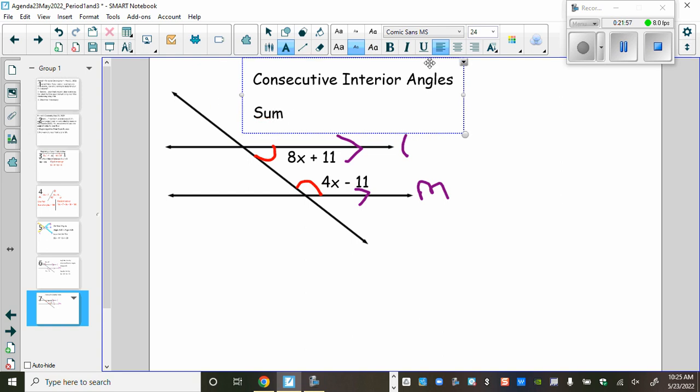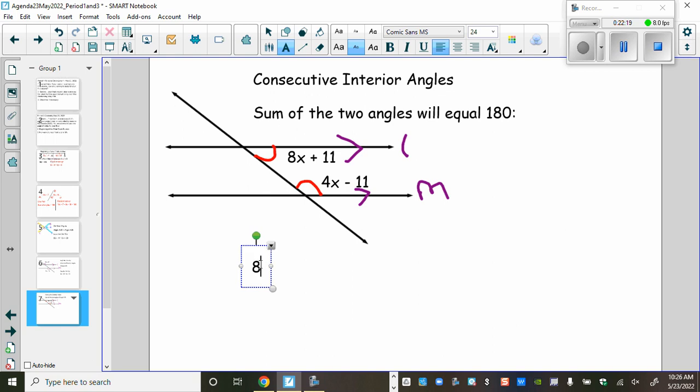The sum of the angles will equal 180. So that was good. 8x plus 11 plus 4x minus 11 equals 180.